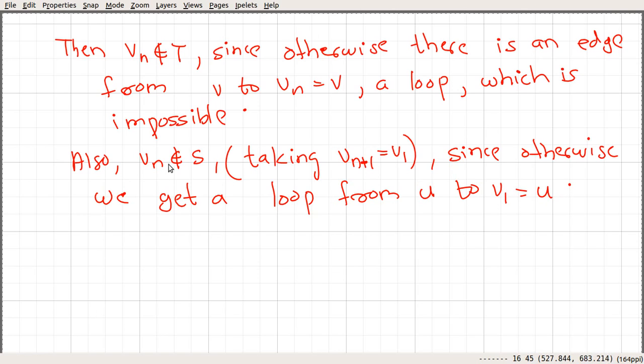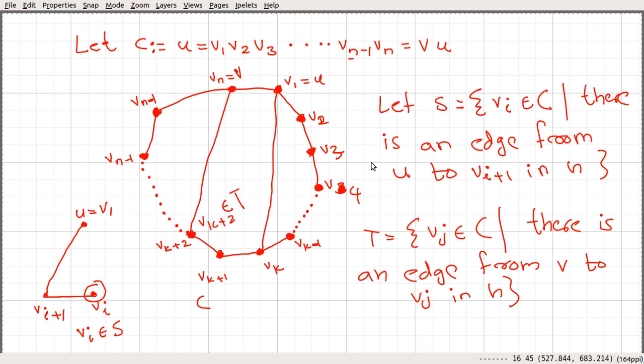So if Vn belongs to S, it means there will be an edge between Vn and V1, or u to V1, and V1 is nothing but u. In that case also we will have a loop here, and since this graph G is assumed to be a simple graph, such a situation won't occur. That is not possible.